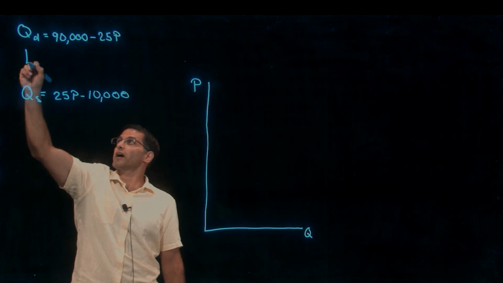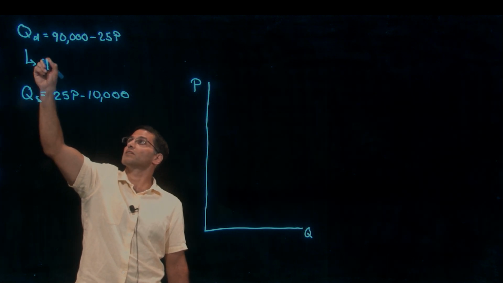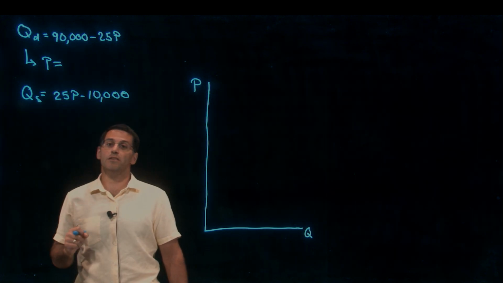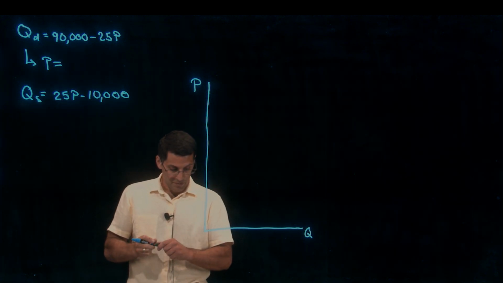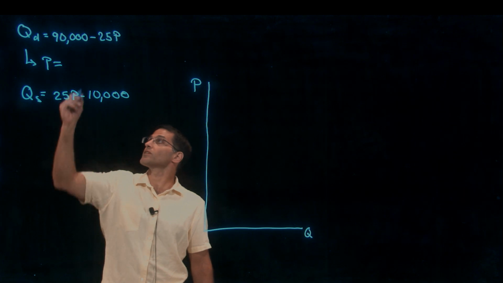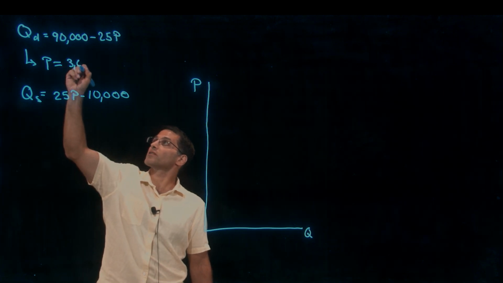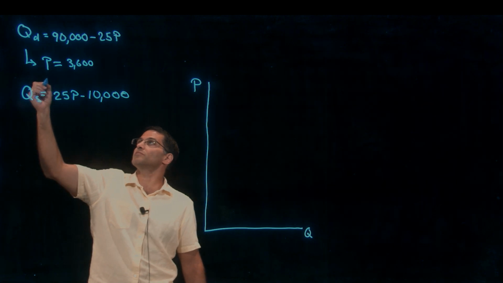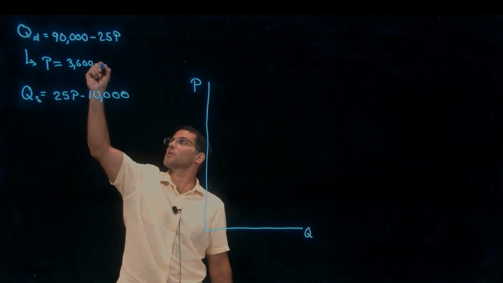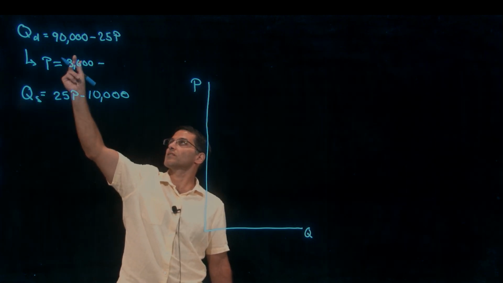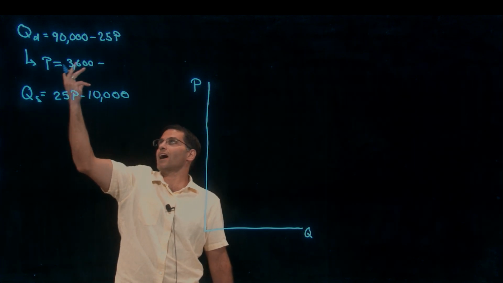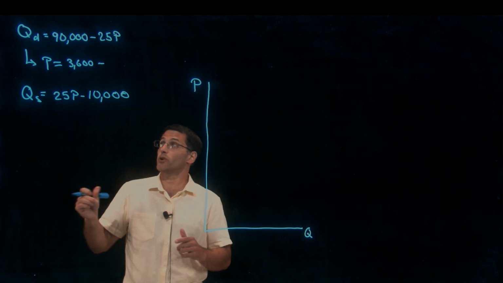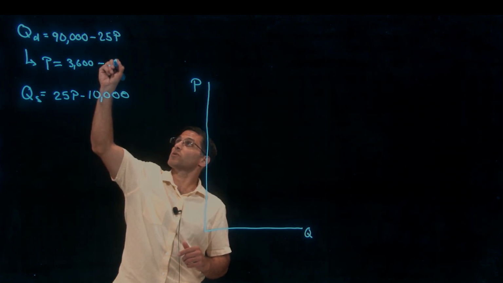So what that gives us is p equals, and now you're dividing 90,000 by 25, and that's going to give us 3,600 minus, and here you can write it either of two ways. You can either write it as 1 over 25 p, or we can put it as a decimal.